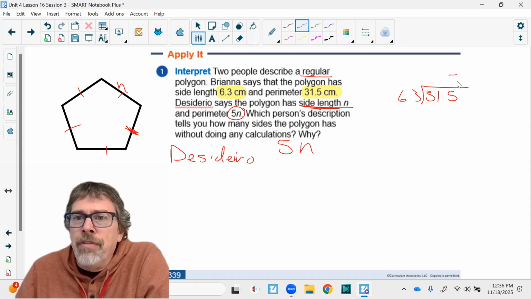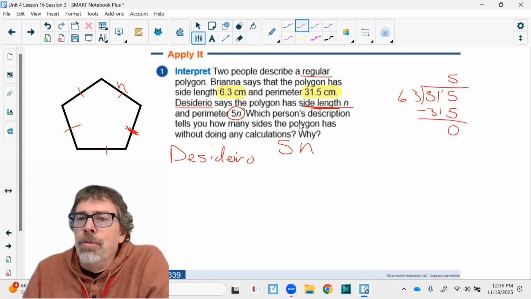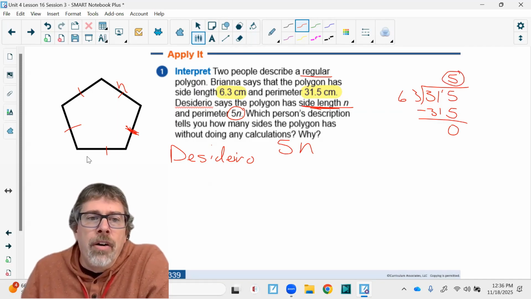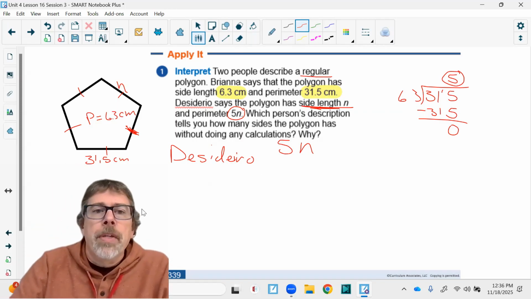Let's see if 5 works. 5 times 3 is 15, carry the 1. 6 times 5 is 30 plus 1 is 31, so 315. No remainder, which means there are 5 sides, all 31.5 centimeters long, with a perimeter of 6.3 centimeters. So the math works. Imagine that.